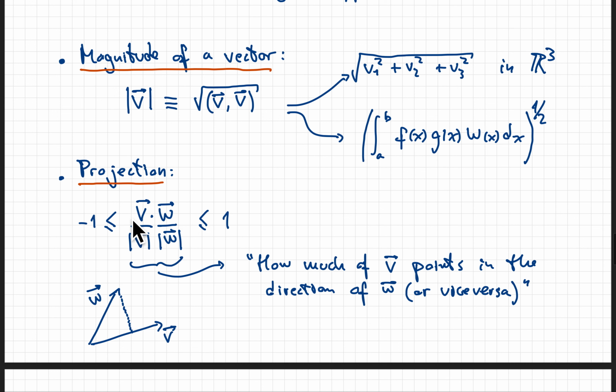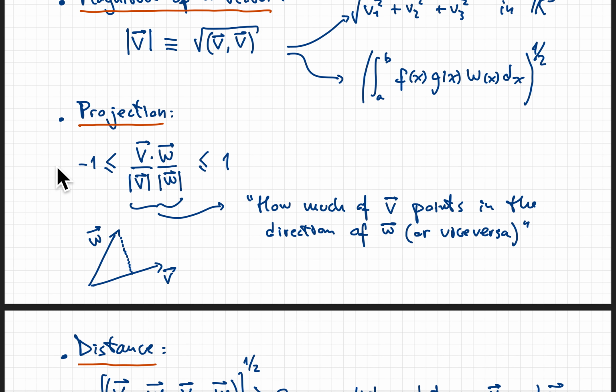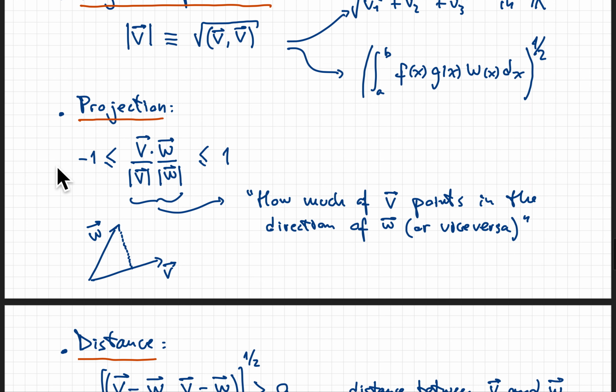So the inner product of this normalized vector with this other normalized vector is between -1 and 1. We will show that, but it gives us a sense of projection. So we gain by defining this inner product multiple geometrical interpretations of these vectors.